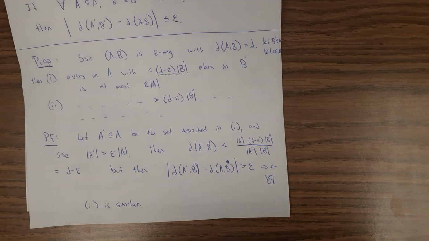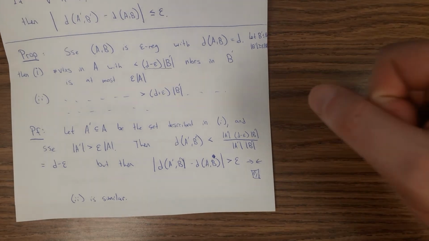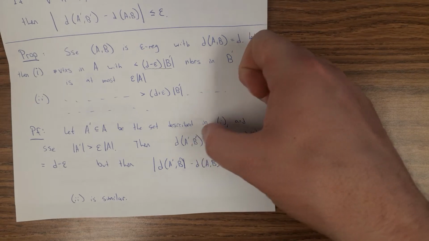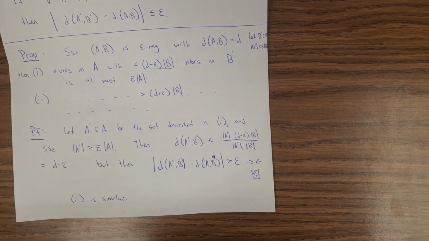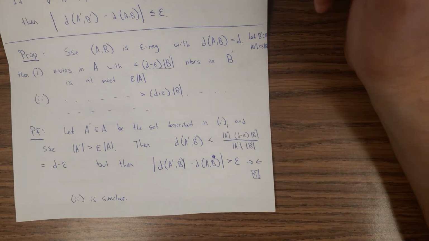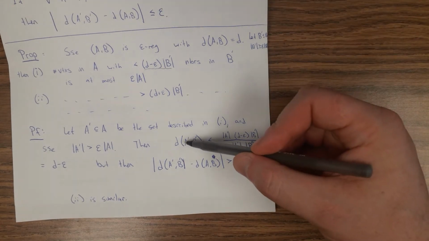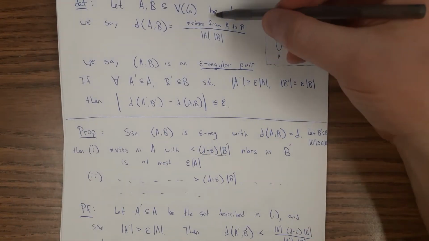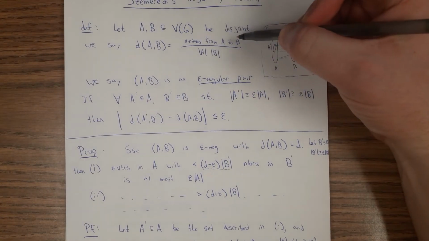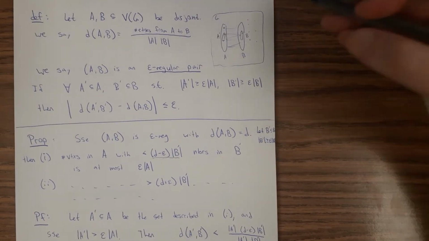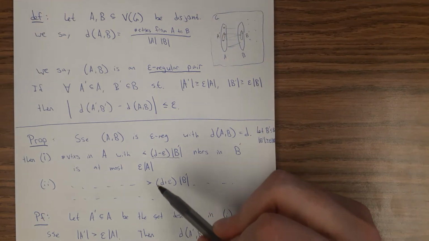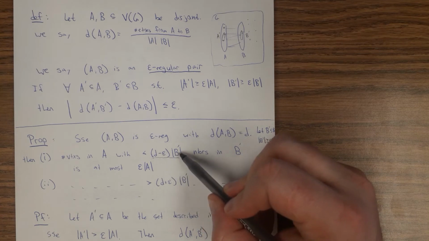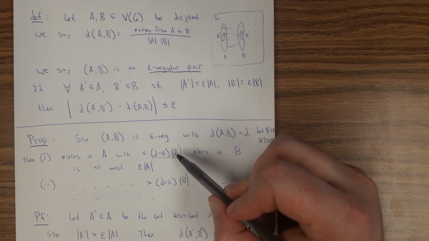Then we can upper bound the density between A prime and B prime. So what's the density between A prime and B prime? Well, it would be the number of edges from A prime to B prime. And each vertex in A prime has at most (d minus epsilon) B prime many neighbors in B prime.